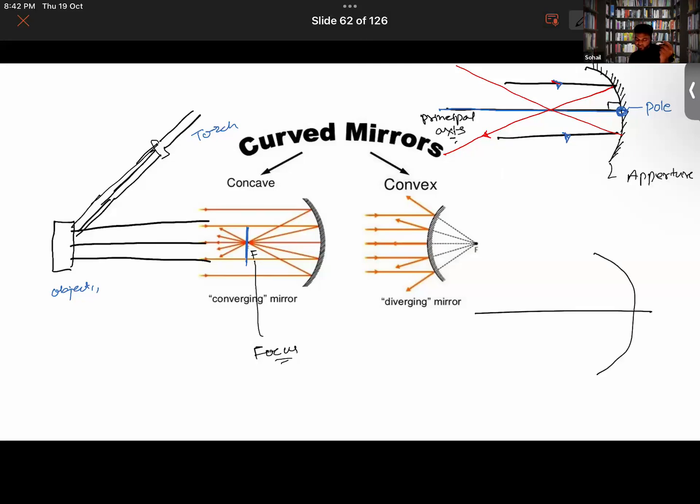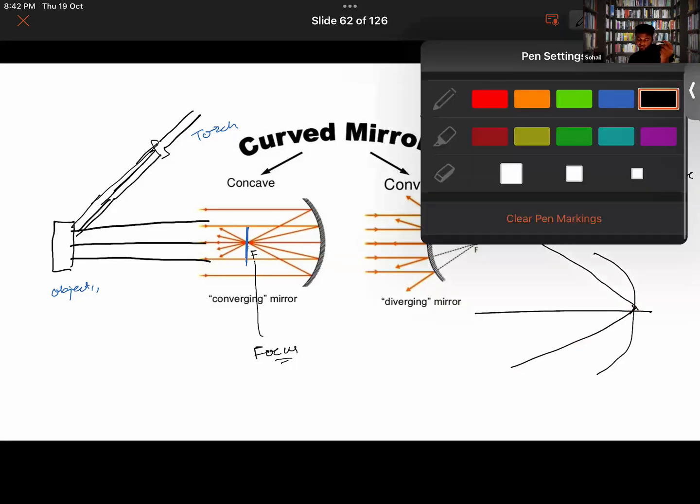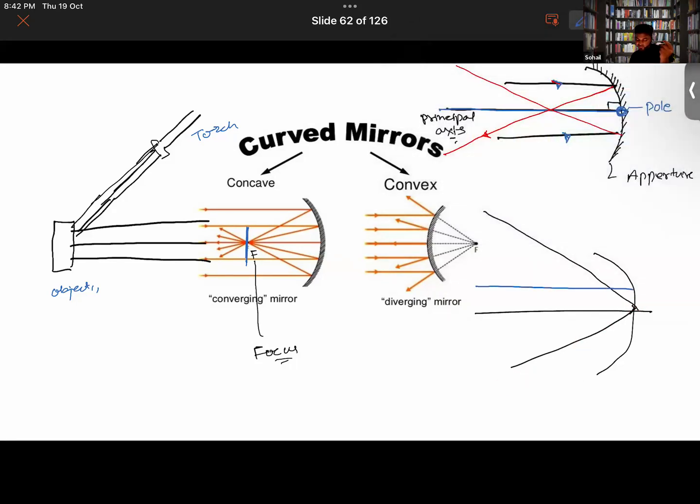For example, if the light rays fall directly over here, then they will get reflected in this manner. Or if the light rays fall in this manner, they will get reflected back in another manner. For example, like this. Or in another case, if the light rays come like this, then in what manner will they get reflected back? So I'm not getting there.